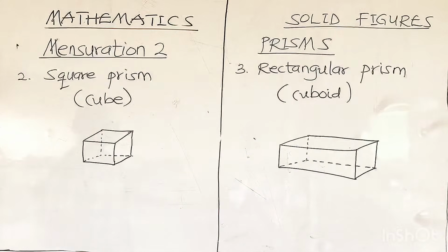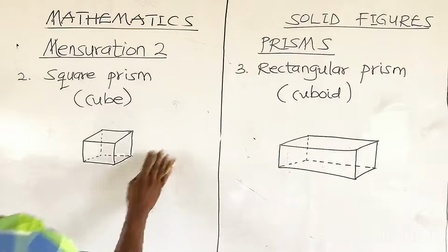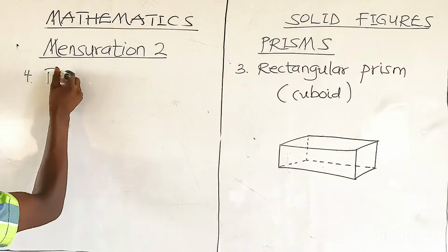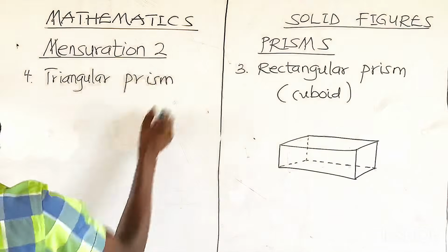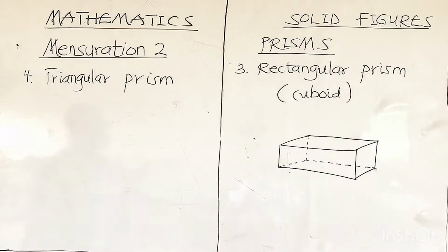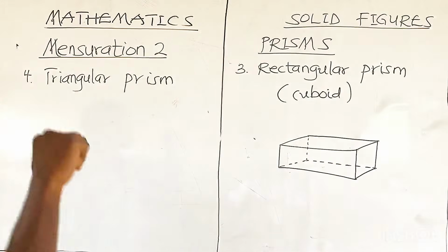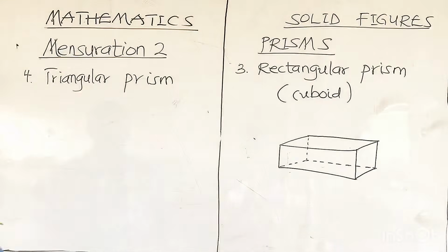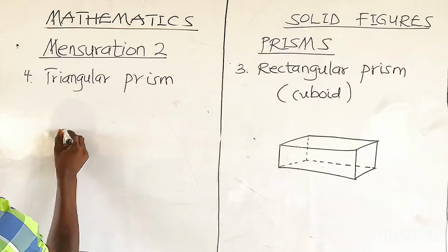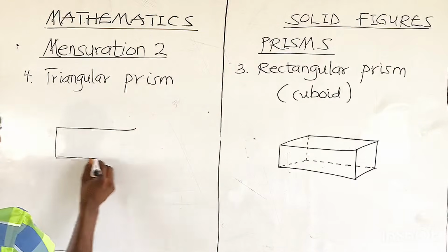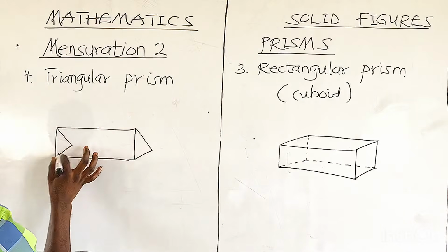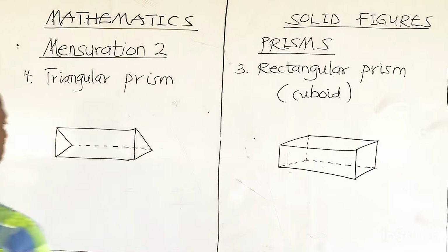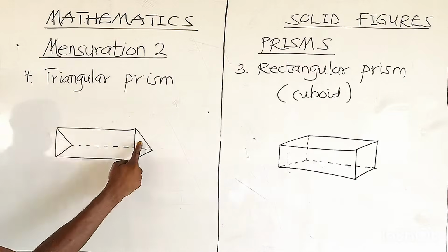Then the last one is the triangular prism. With a triangular prism, it has a triangular top and a triangular base. So it also looks like this. When you look at the figure we have here, we can see a triangle, another triangle.